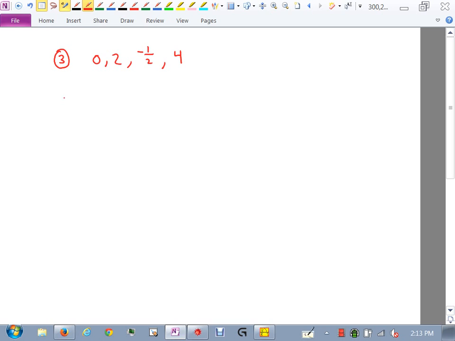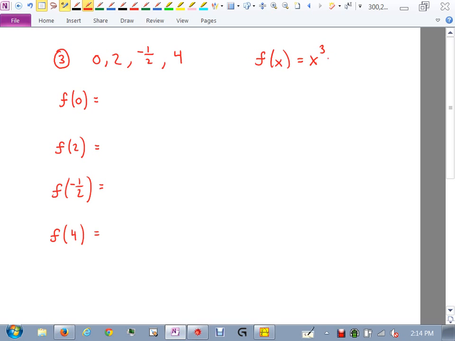And now I get to plug all of those into the original function. My original function is on a different page, but it was x cubed minus 3x squared plus 1.